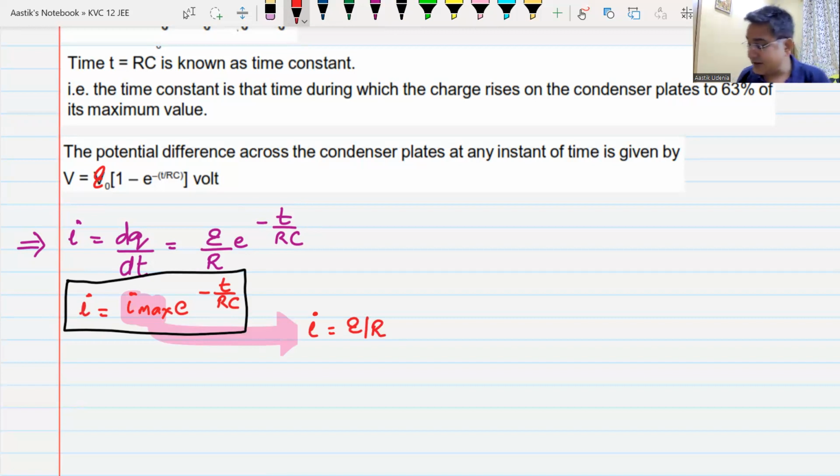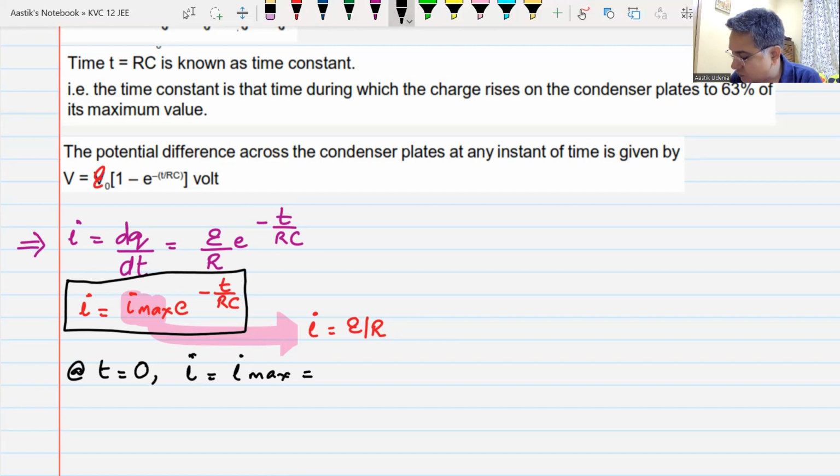Now, a very important thing that you can understand from this equation of current: at time t is equal to 0, current I is equal to I max is equal to E by R. Do we see this? Yes or no?